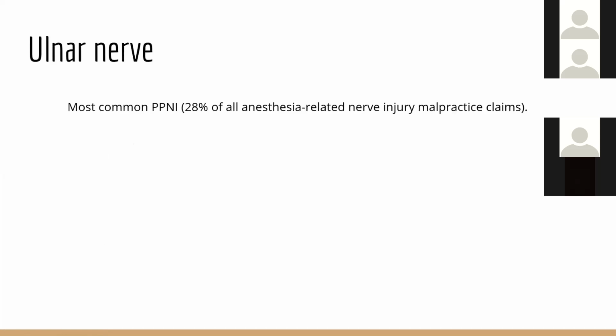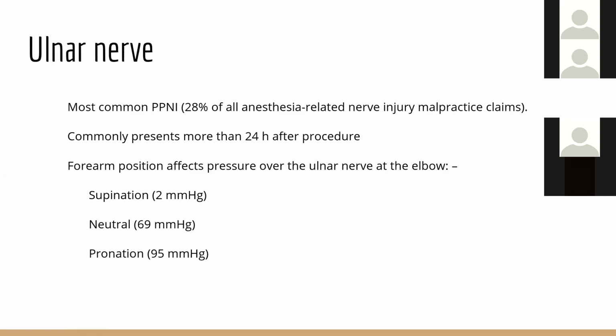The most common peripheral nerve injury is ulnar nerve injury, accounting for 28% of all anesthesia-related nerve injury malpractice claims. It commonly presents after 24 hours, and forearm position really affects ulnar nerve injury.